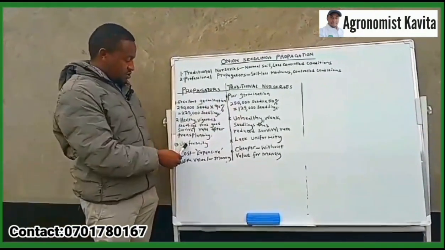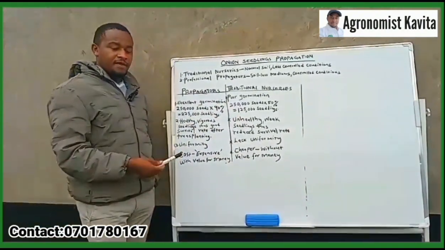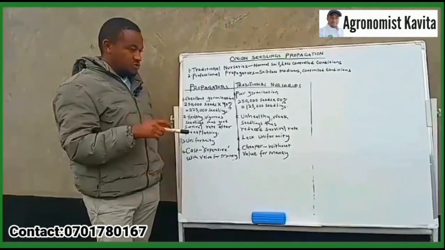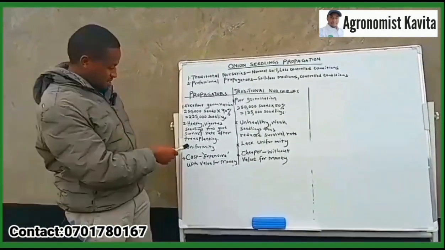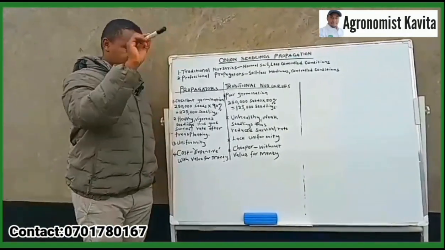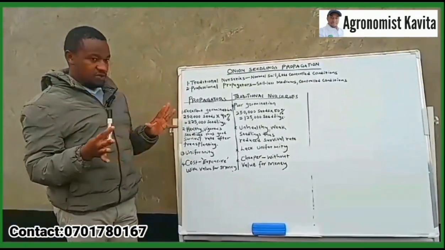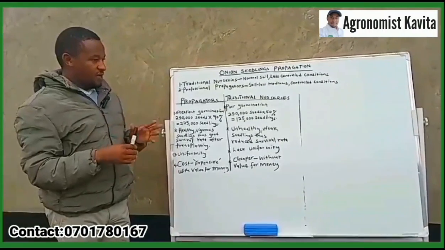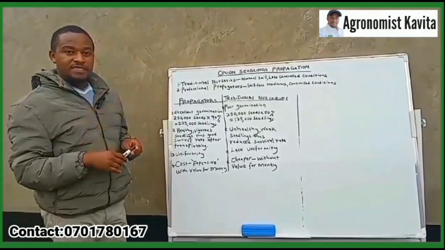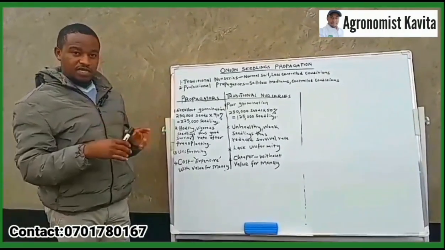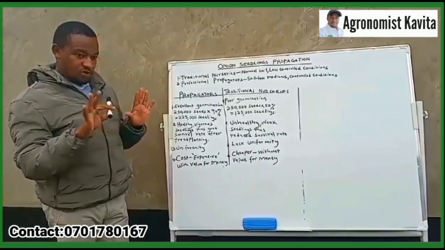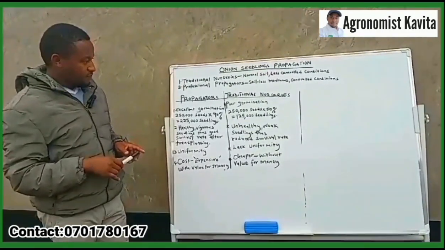Number three, there's something else we call uniformity. In the propagation units, that is the greenhouses, the conditions are controlled, for example the temperatures, the irrigation, and even the humidity.